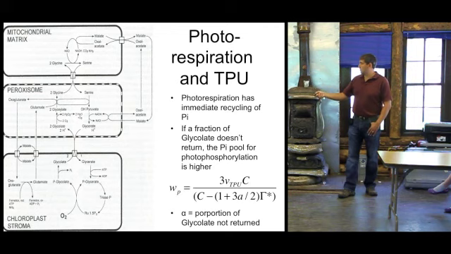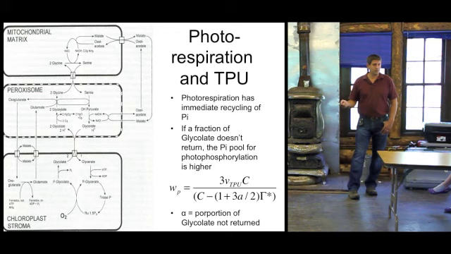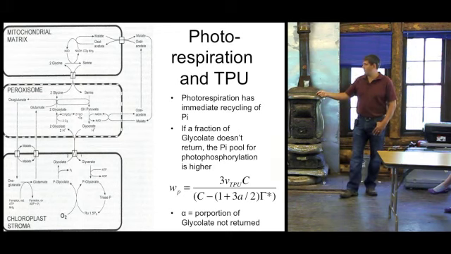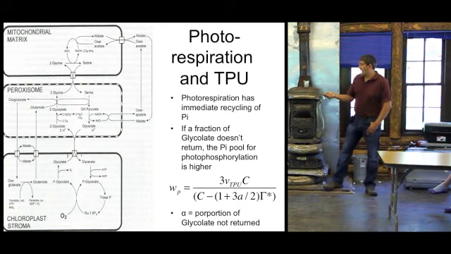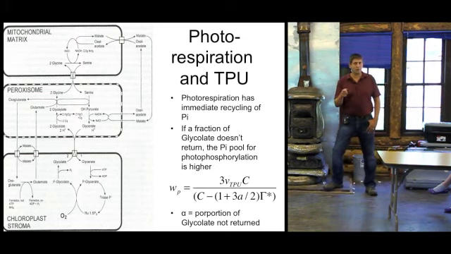When that occurs, you end up with a net surplus of inorganic phosphate, because this phosphate gets released here, and then this ATP isn't needed to deal with the end product of this whole pathway, which makes that ATP now available for something useful like photosynthesis. As CO2 concentrations go up, photorespiration goes down.